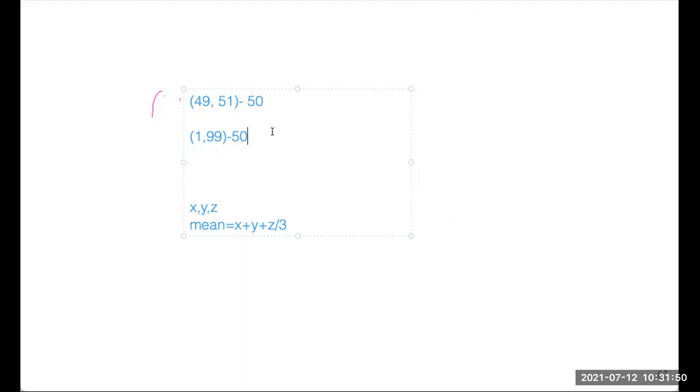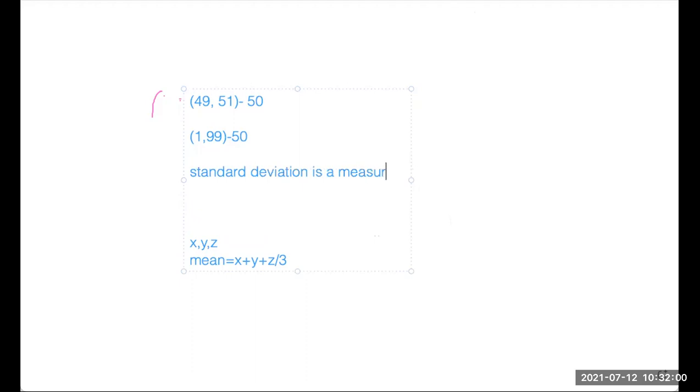To know the distribution, we require the standard deviation. Deviation is a measure of variance or spread. How spread out is the data? Here the spread is how much?